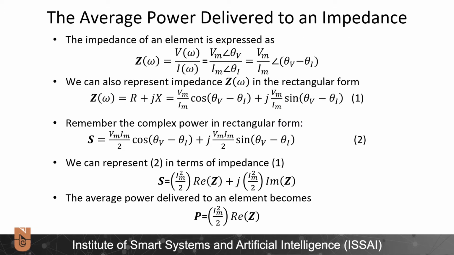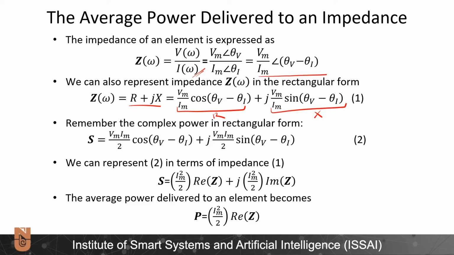The impedance of an element is expressed as the ratio of the voltage phasor to the current phasor, and it can be given as Vm divided by Im times angle theta V minus theta I. We can also represent this in rectangular format as R plus jX, and here R is this term and X is this term.